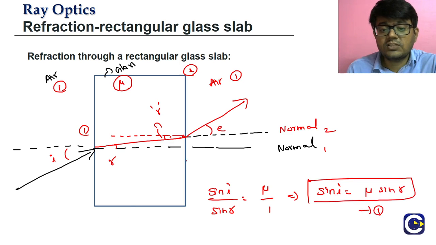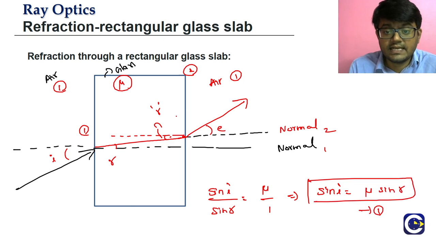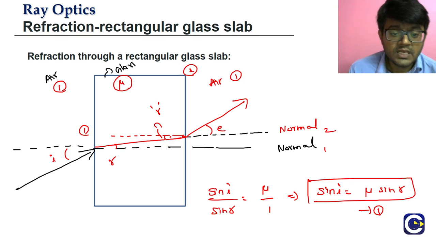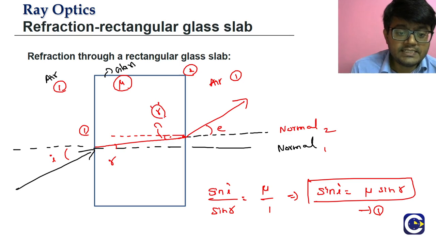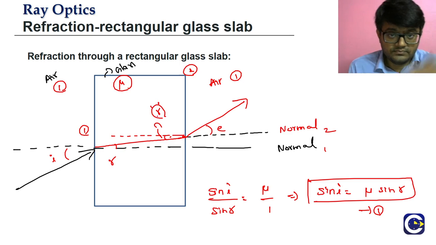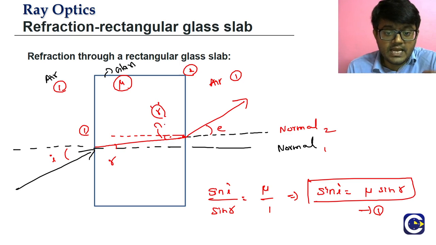Then we'll apply Snell's law in the second refraction case, the refraction at the second plane surface. Here if you look at it, the incidence angle is R, because the incident ray is making an angle R with the normal.